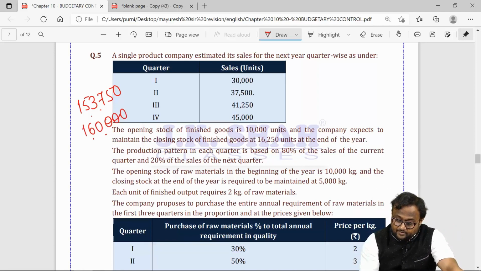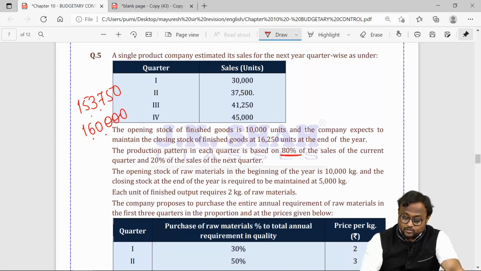Now the question says 80% of the current quarter is produced in the same quarter, plus you produce 20% of the next quarter.